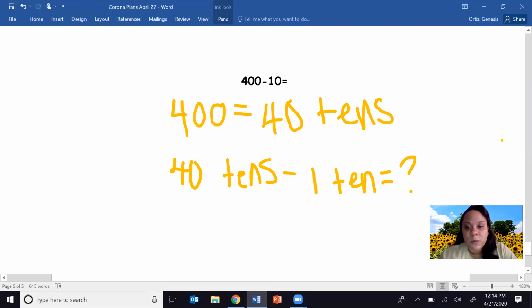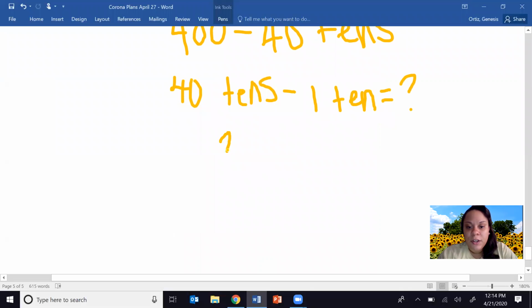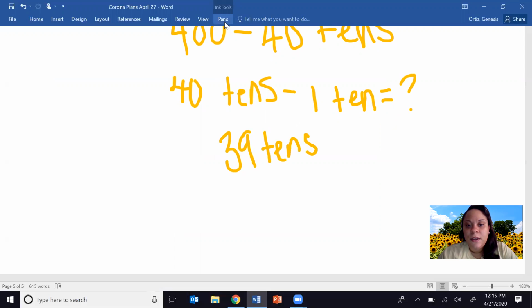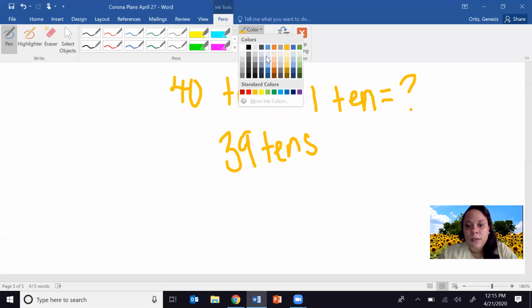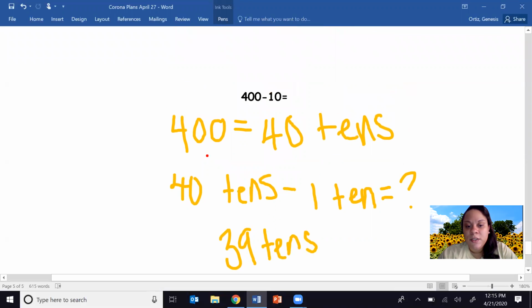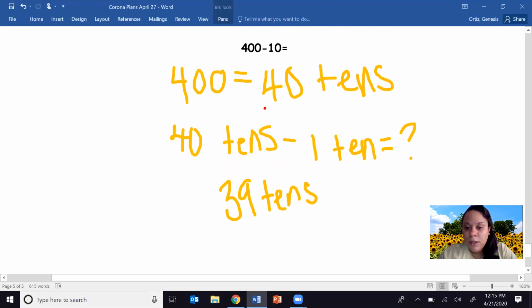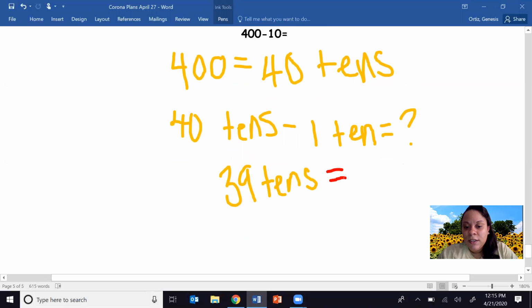Okay, 40 minus 1 is what? 39 tens. Okay, and do you have any idea what 39 tens is the same as? Because guess what? The answer is not 39 tens, right? Because we're working with a big old number and we're working with the hundreds. 39 tens is the same as 390.